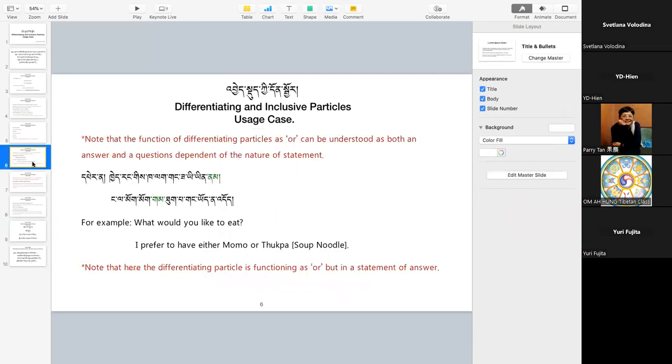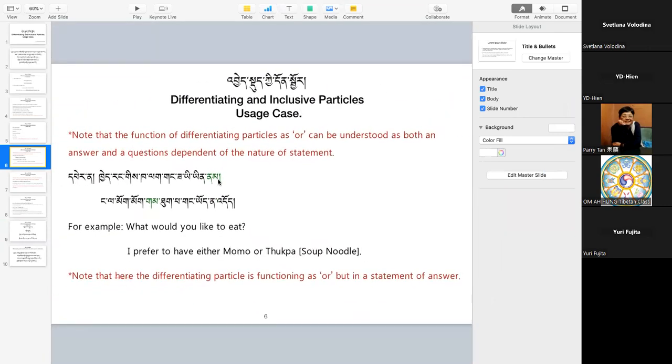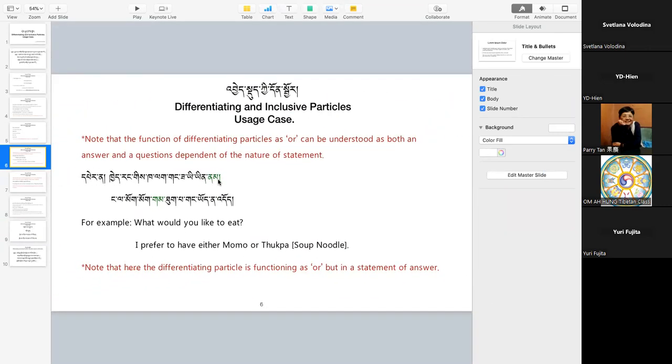But in the written language, what we do is add this particle, the differentiating and inclusive particle. In here, it becomes an interrogative particle. So we add this interrogative particle at the end of a statement, and it follows either a conformational particle, or a verb that functions as a conformational particle.